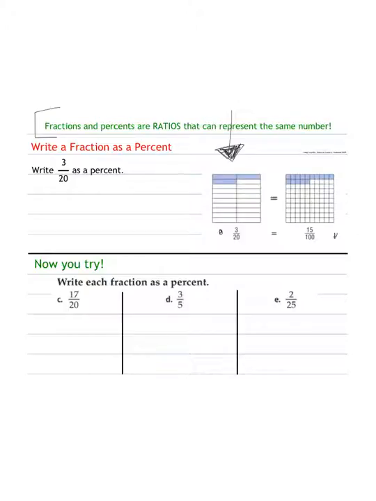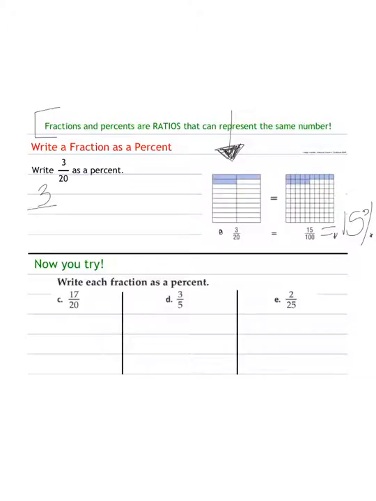Then we have 15 small boxes shaded in out of 100. So 3/20 is the same as 15 hundredths, which we know with equivalent fractions, and 15 hundredths would represent 15%.